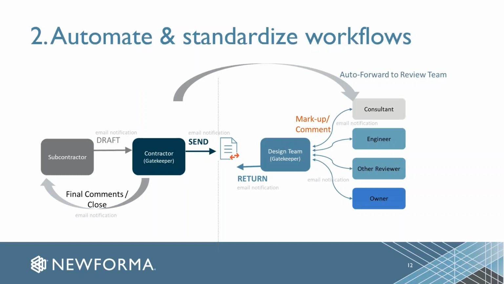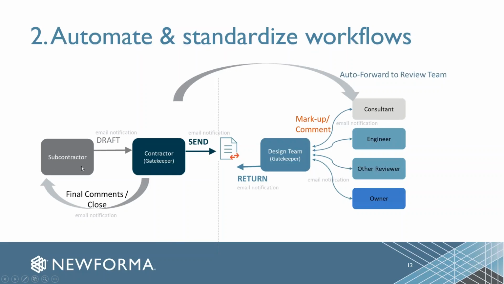In addition, obviously we recognize that people are very dependent on getting email notifications when they need to do something. So one of the things we have built into the process here is that at every step there's an email notification sent to those folks who are involved in the workflow, so they get a notification that it's time for them to do some work.